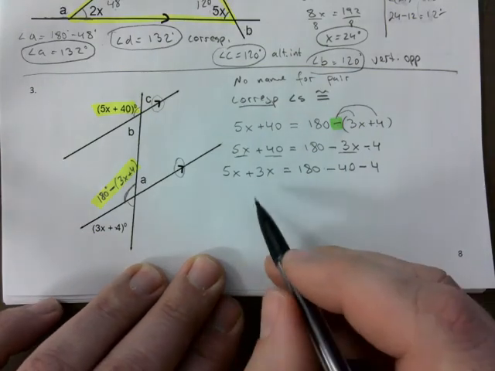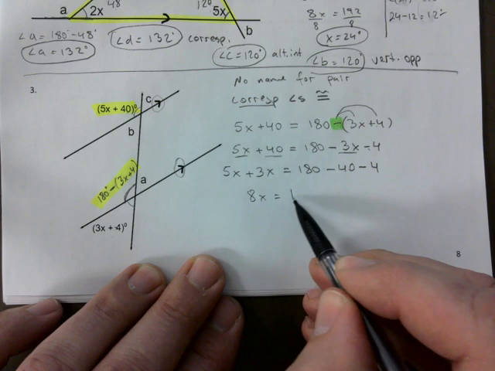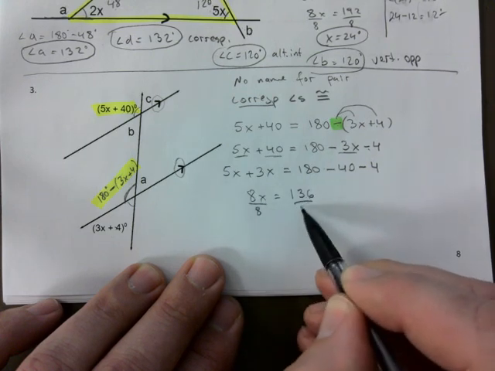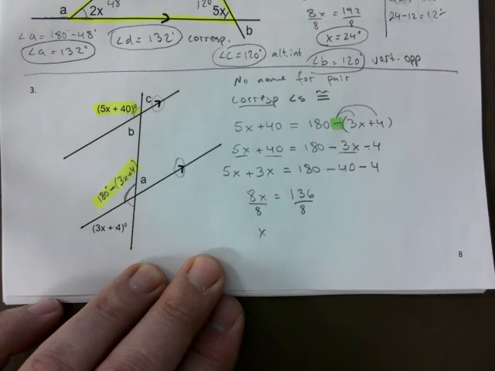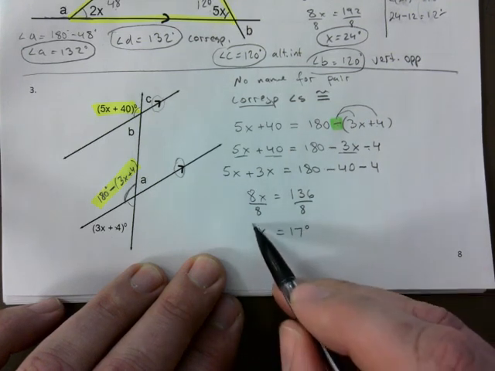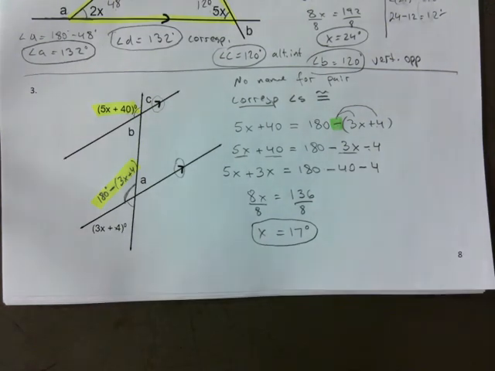That's 8x is equal to 136. Divide both by 8. And that is 17. Most of the time, it'll be a nice round number.